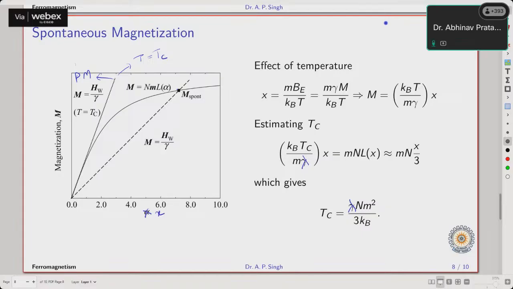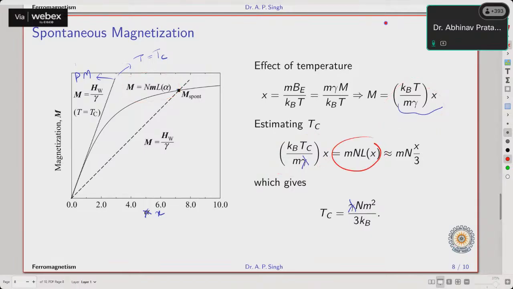So how do you do that? Remember, this value of magnetization according to this formula will be given by this formula, where now you can see that T has been replaced by Tc. Right? So this is the value of magnetization according to this formula. And according to the Langevin formula, the value of magnetization will be given like this.